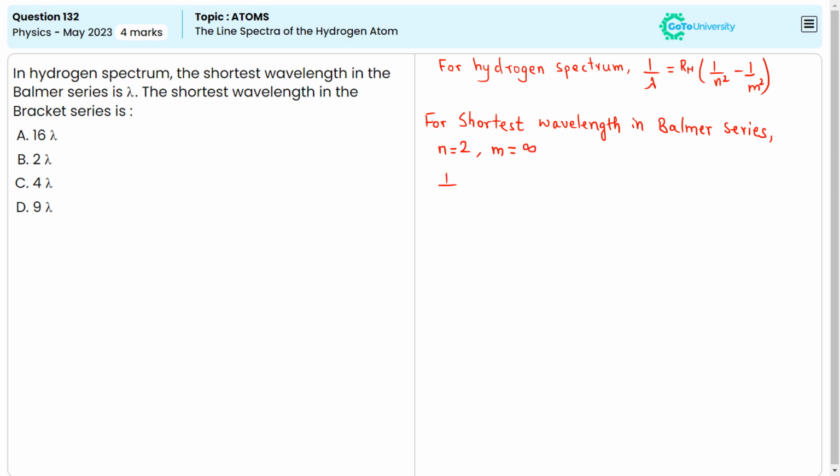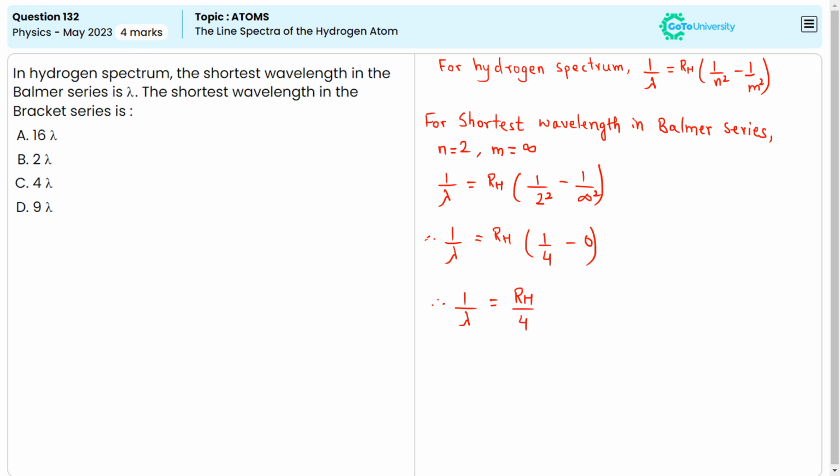So it will be 1 upon lambda equals Rydberg's constant times (n square, 2 square, minus m square, infinity square). So therefore 1 upon lambda will be equal to Rydberg's constant times (1 upon 4 minus 0). So the value of 1 upon lambda will be equal to RH upon 4.